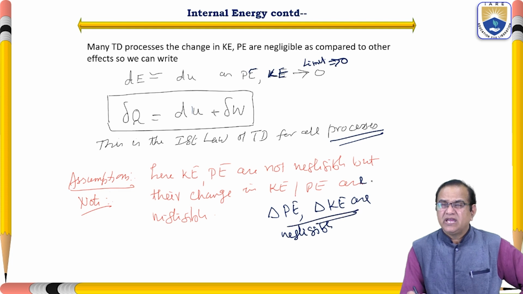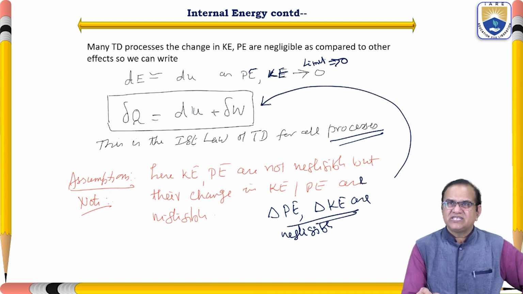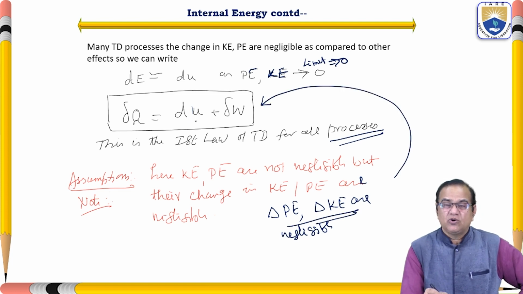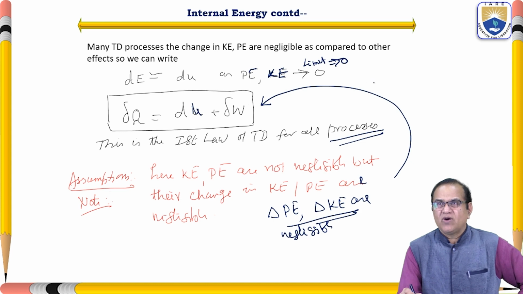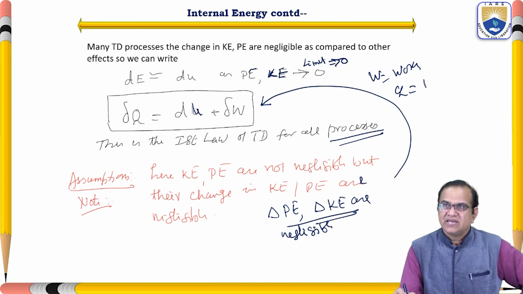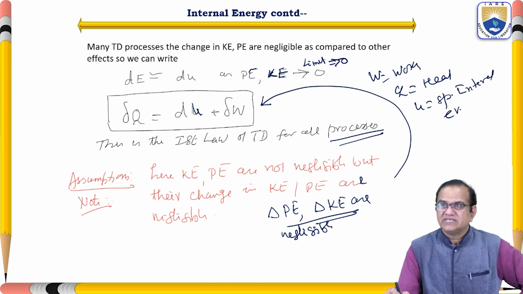If you make that assumption, you will get this equation: δQ is equal to dU plus δW, where W is work, Q is heat, and U is specific internal energy.